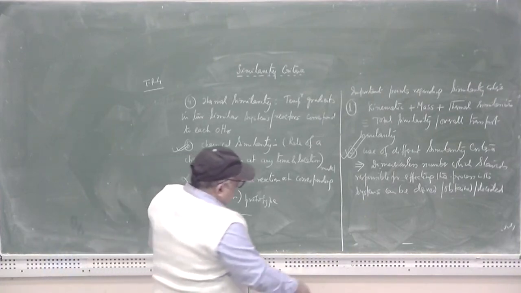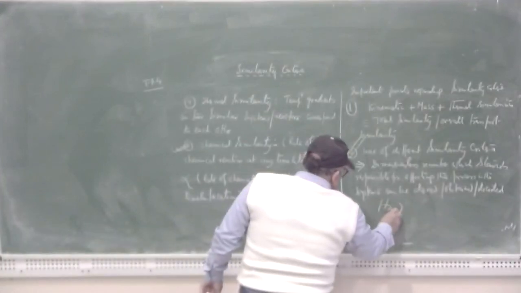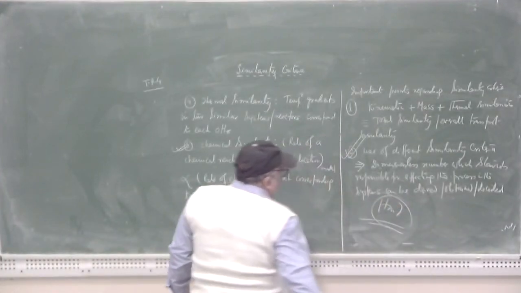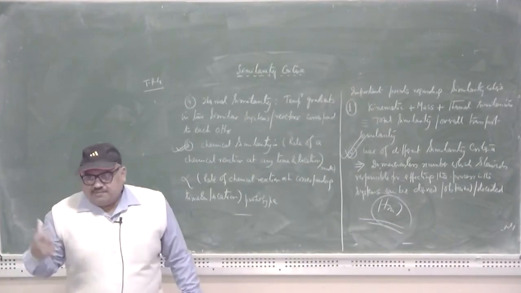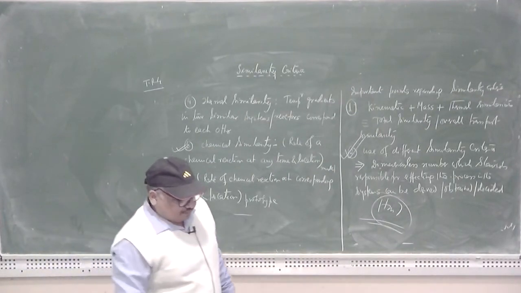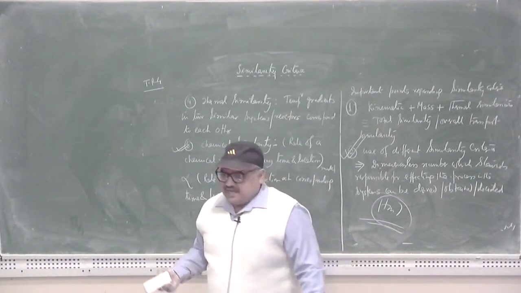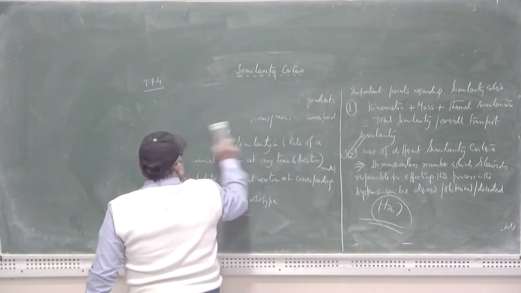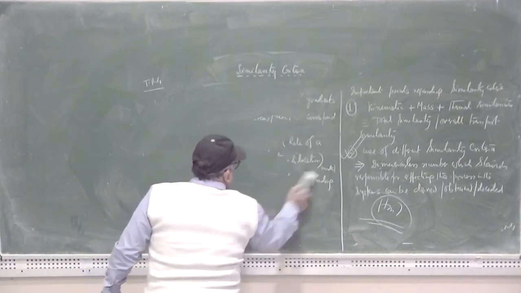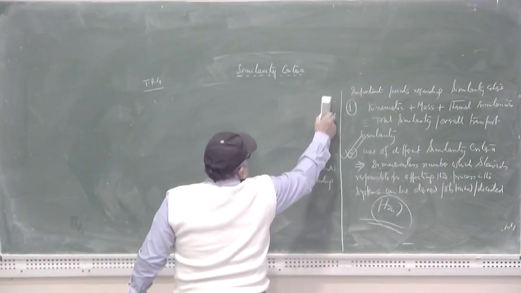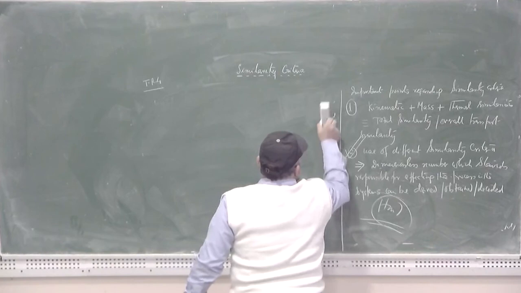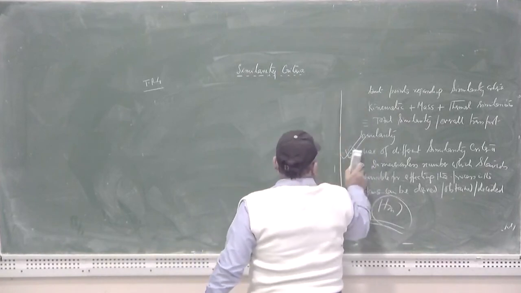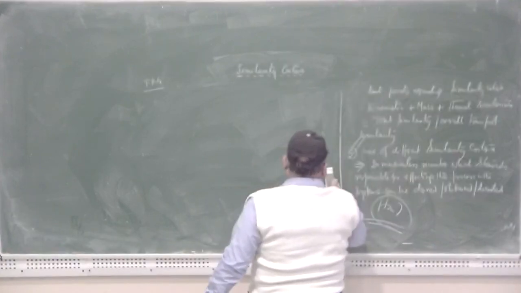The question rises, how? Now I will elaborate this point number 2 by giving an example. This is the last thing of the subject matter of today's class, how it is possible to arrive at the dimensionless number affecting that process through the similarity criteria.